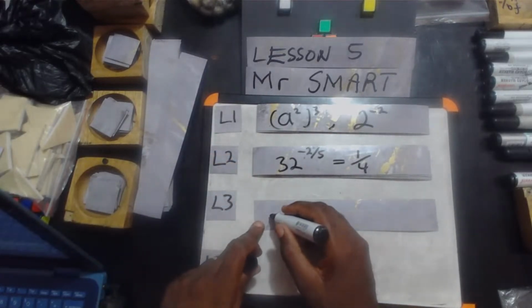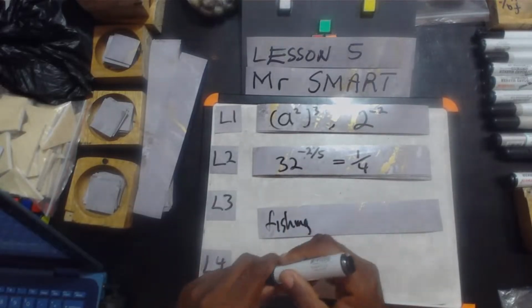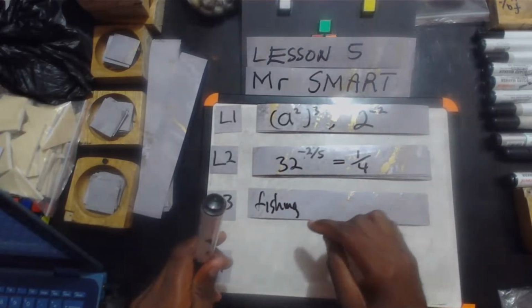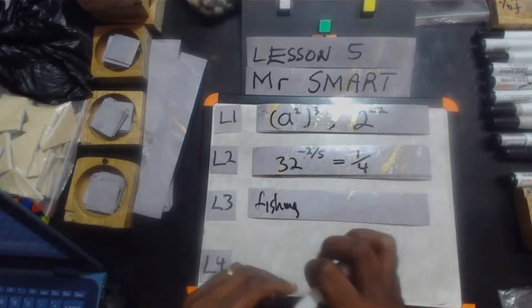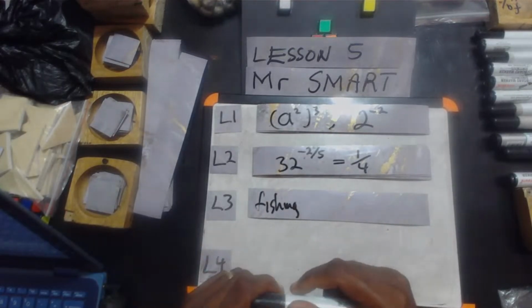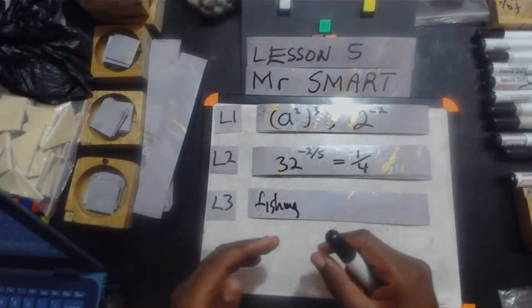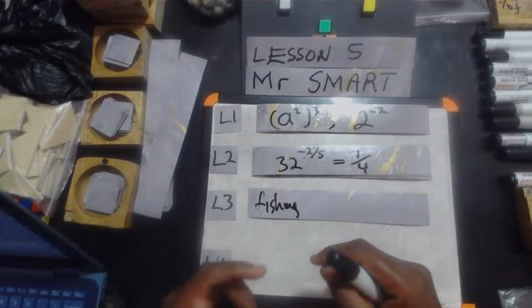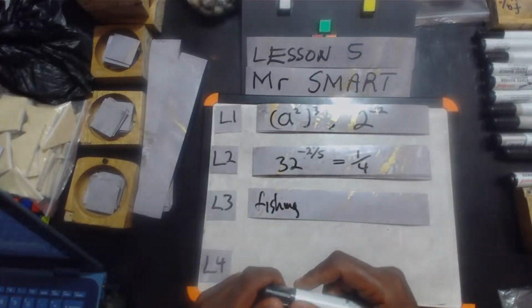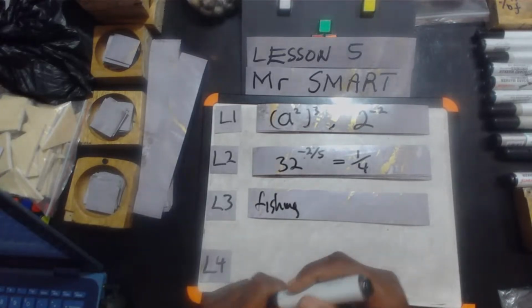We have a fishing community. The coastal fishing community's fish population grows according to the formula, where N is the population and T is the time in years.